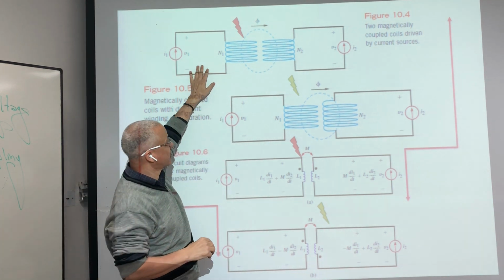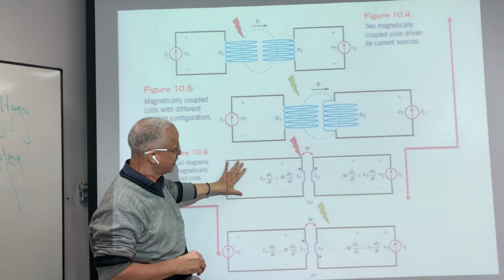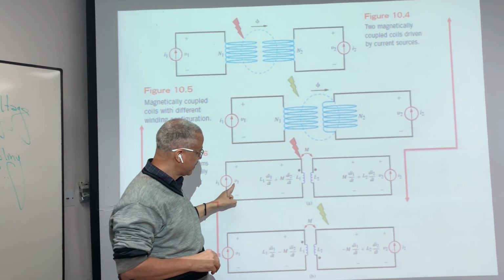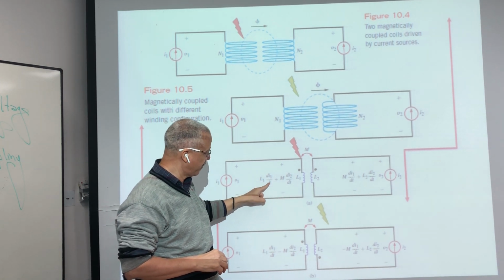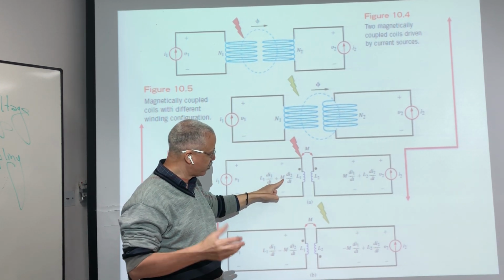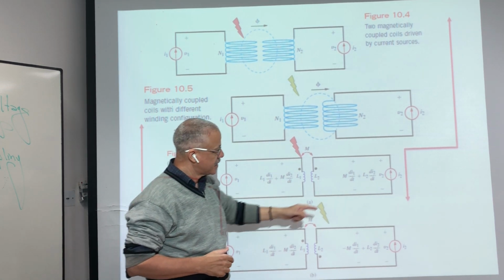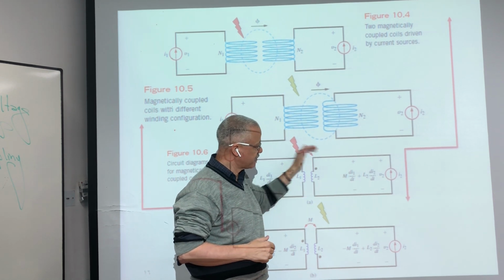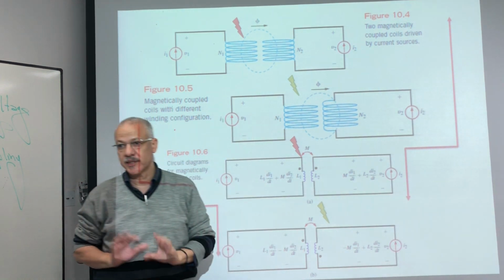So in the first case, if we keep the same configuration for the dots, we can obtain it like this. For this primary coil, V1 equal L1 di1 by dt plus mutual, positive sign here, M di2 by dt. For the second circuit, V2 equal M di1 by dt plus the self voltage L2 di2 by dt.